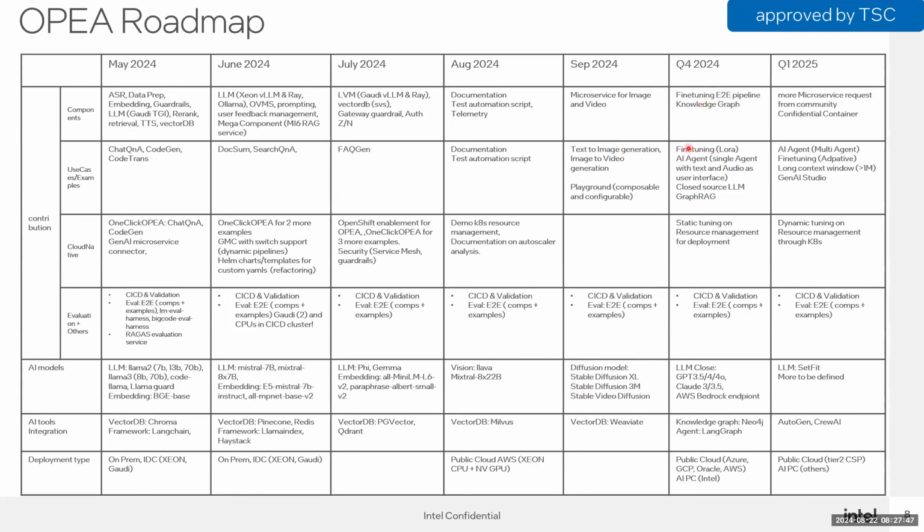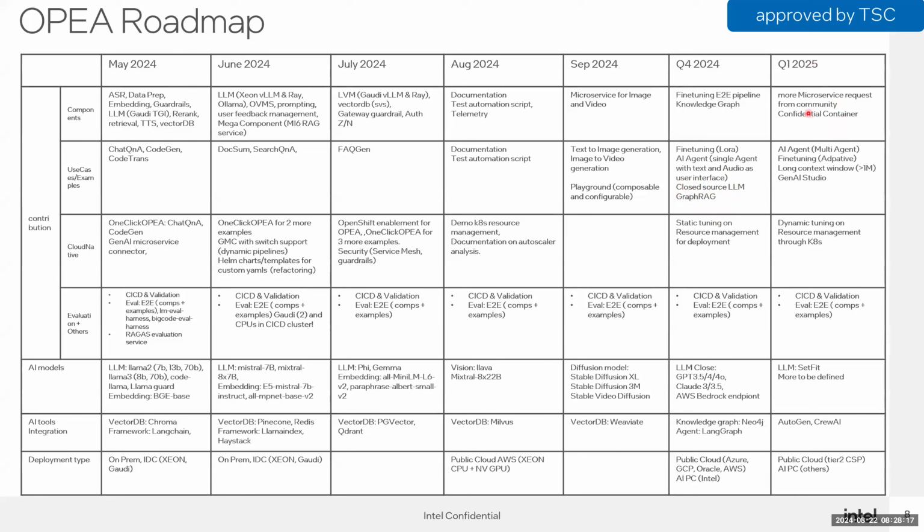AI agent, as we said earlier, we will, by supporting this more easy, as a first step, single agent as a first step, like the React and the planning execution, and also different tooling for the agent will be supported here. Closed source large language models will also be considered, like the ChatGPT and the Claude from Anthropic, the most popular two. Also the GraphRAG, increasing traction in the AI space.